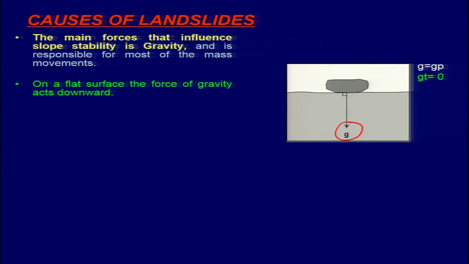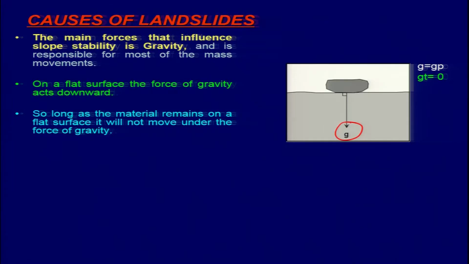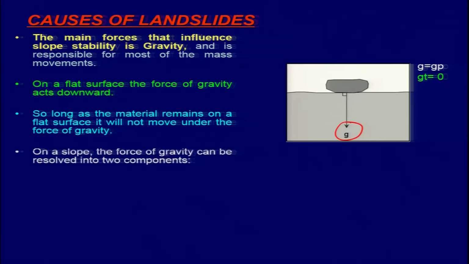So in this case, G is equal to Gp, whereas Gt is almost 0, that is, your shear stress or the driving force is almost 0 here. So it will not allow the material to move. As long as the material remains on a flat surface, it will not move under the force of gravity.